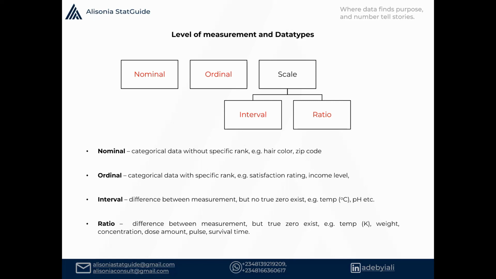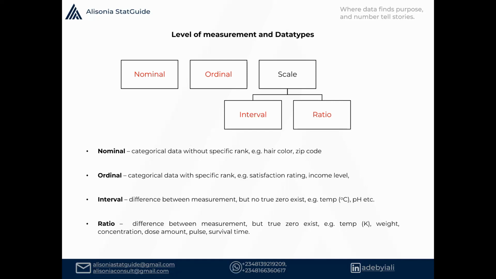Now, what do I mean by no true zero exists? In interval level of measurement, there is no true zero value. The zero there is just arbitrary. Taking temperature in degrees Celsius as an example again, you can have temperature below 0 degrees Celsius, such as minus 4 or minus 10 degrees Celsius, when we have extreme cold.